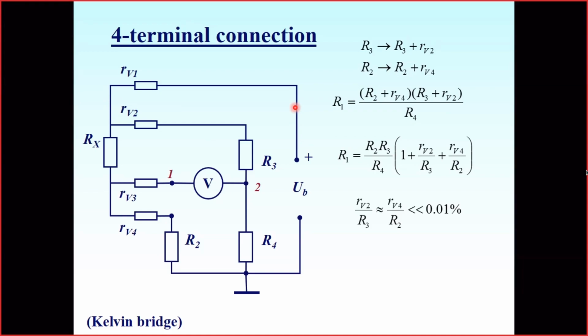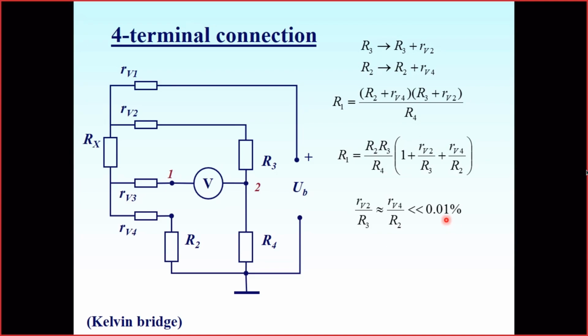I can always select R3 and R2 big enough to make the ratio between the lead wire resistance and resistance R3 or R4, R2 less than even 0.01%, even a 1,000th part.